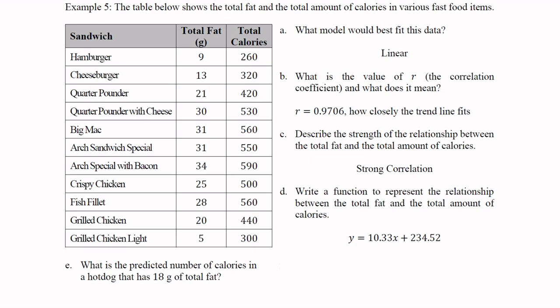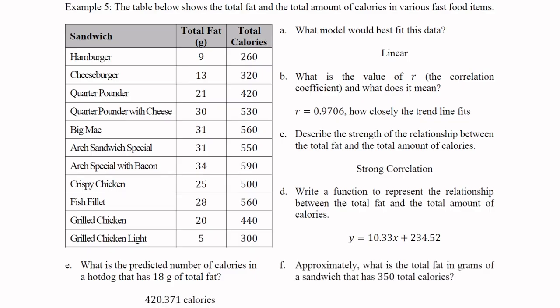You can plug it in for x and get your y being 420.371 calories. Approximately what is the total fat in grams of a sandwich that has 350 total calories? Well, now we're going to plug in 350 for y, solve for x, and get 11.185 grams. Remember, in these real-world problems, make sure you include the units.